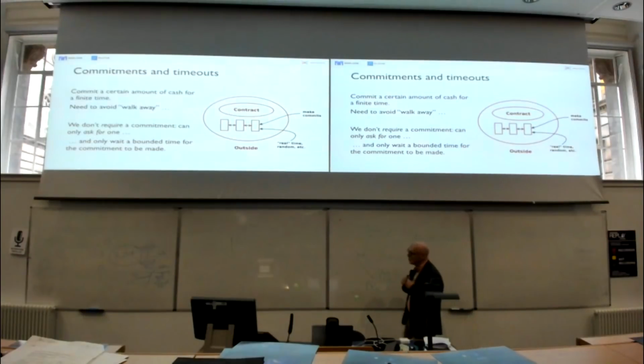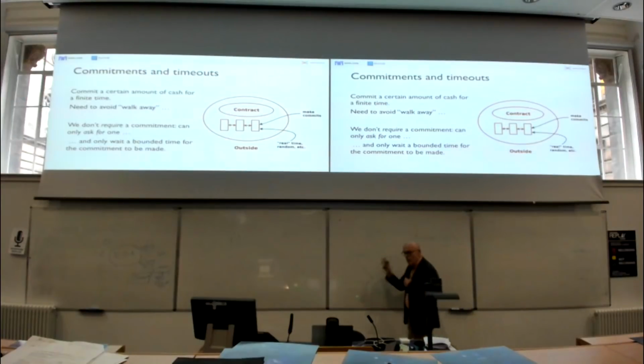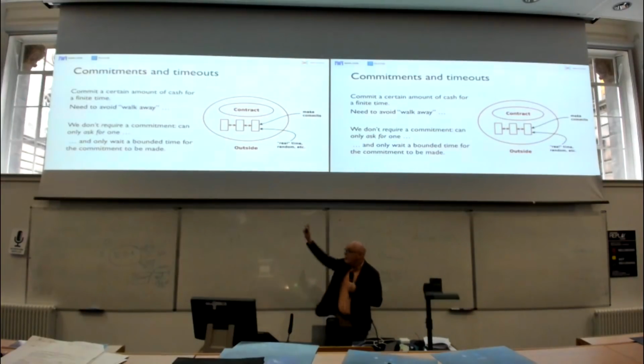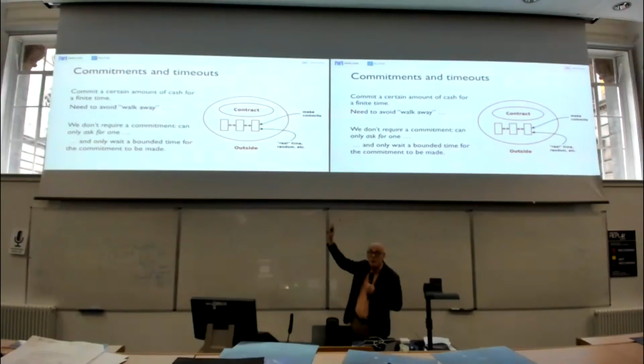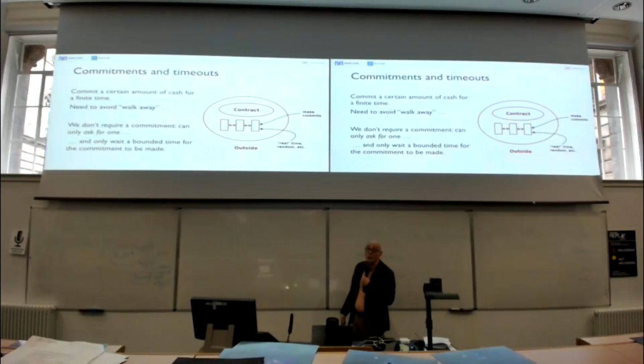You're pulling stuff out of the contract; the contract is not itself pushing things to happen in the real world. So commitments, if you like, are a summary of what we have done to the traditional contract languages in order to make them work on blockchain.